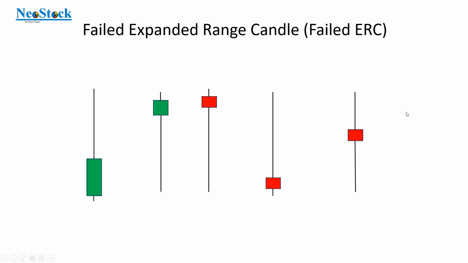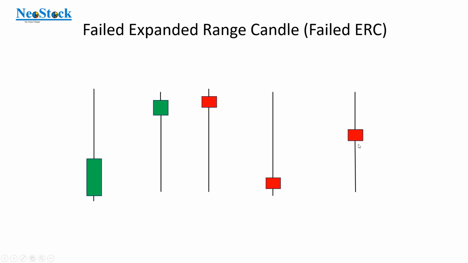What exactly is the meaning of failed? The expanded range candle failed to maintain the body. That's why it is called a failed ERC. Look at this candle. It is an ERC candle, but it failed to maintain the body. Even this one failed to maintain the body. Even this one.